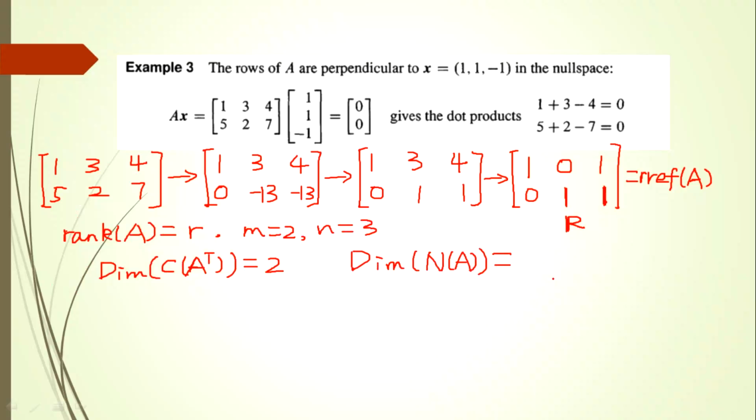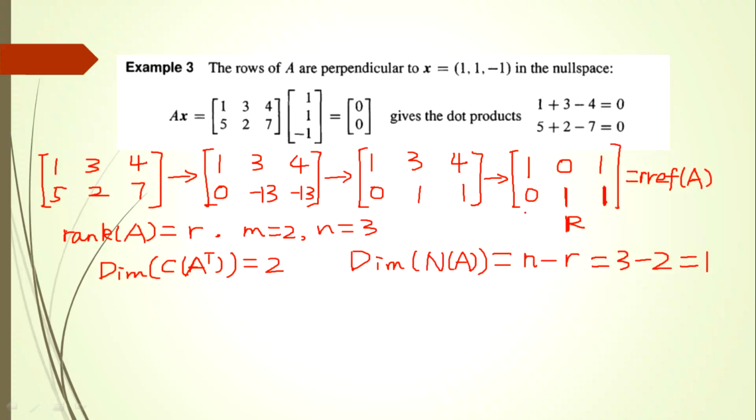The dimension of the null space will be n minus r. That is 1. The null space dimension will be 1.